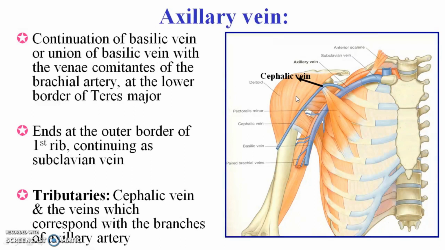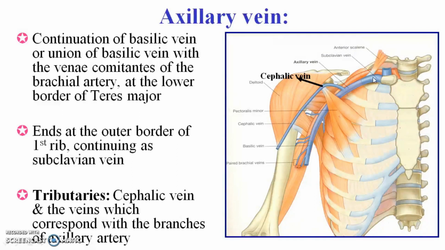Here you can see the basilic vein, which is arising and coming upwards, reaching the lower border of the teres major muscle. Later it continues as the axillary vein, which is covered by the pectoralis minor muscle in the middle part. Later it reaches the outer border of the first rib, and then we call that the subclavian vein.